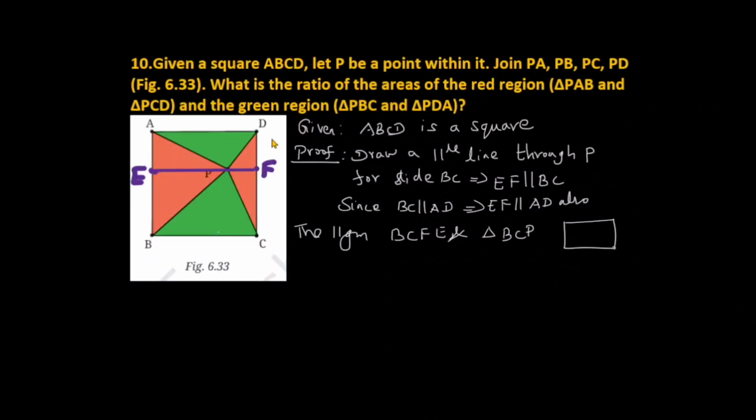In a square, if we divide with the line, it is a rectangle. That parallelogram, particularly the rectangle BCFE. In this rectangle, P is a point. Then adjoining these two, we get a triangle. Now compare these two.